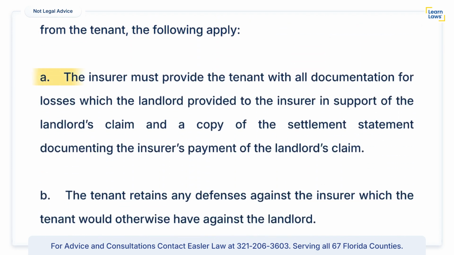A. The insurer must provide the tenant with all documentation for losses which the landlord provided to the insurer in support of the landlord's claim, and a copy of the settlement statement documenting the insurer's payment of the landlord's claim. B. The tenant retains any defenses against the insurer which the tenant would otherwise have against the landlord.